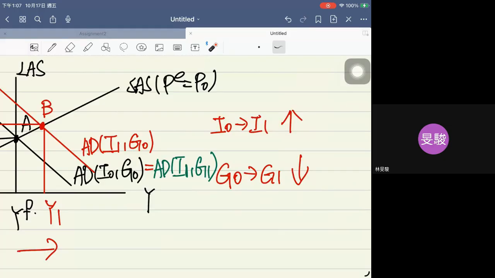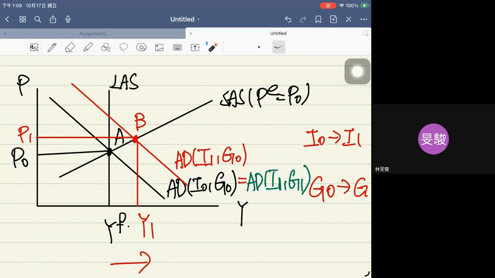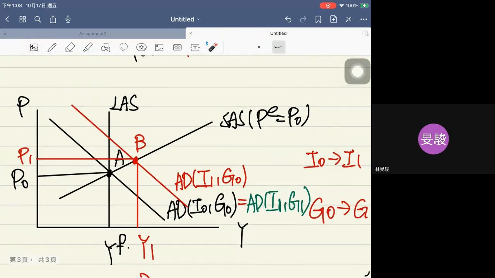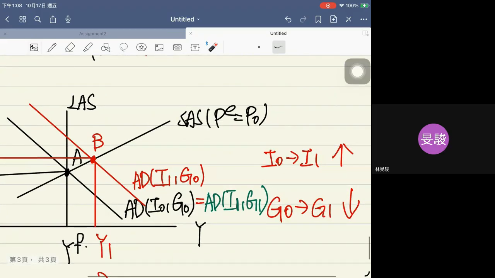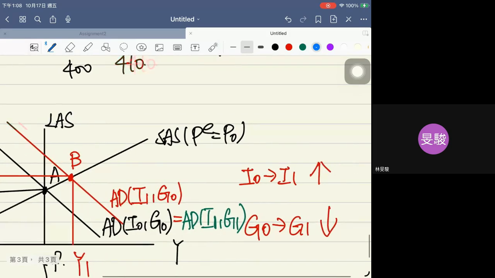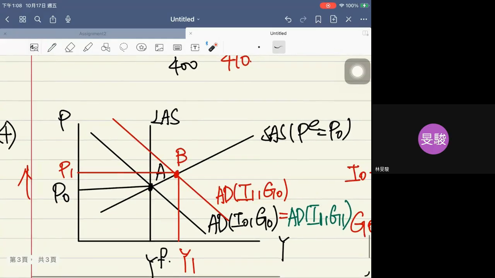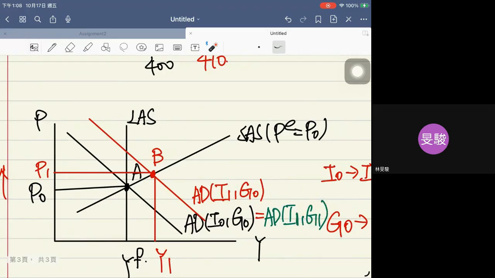So it means that in the long run, if the government doesn't change the AD line, we just use the adjustment mechanism of the economy, the expectation. Sorry, the price level change.